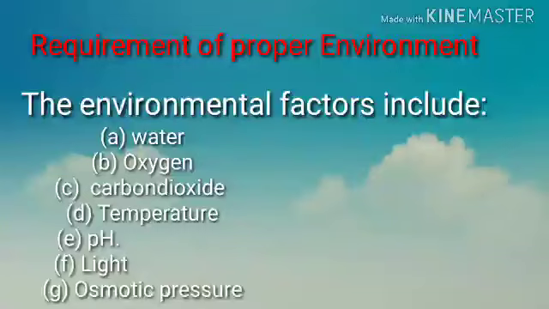Also, light: bacteria generally prefer to grow in the dark, but some phototrophic species grow in light. Osmotic pressure is another factor: bacteria are able to grow in a wide range of osmotic pressure because of their rigid cell wall.